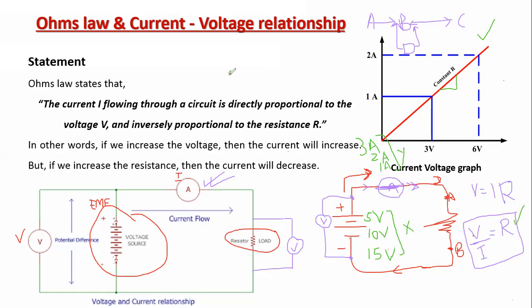Slope is what? Slope is the measure of the gradient between your y-axis and x-axis.